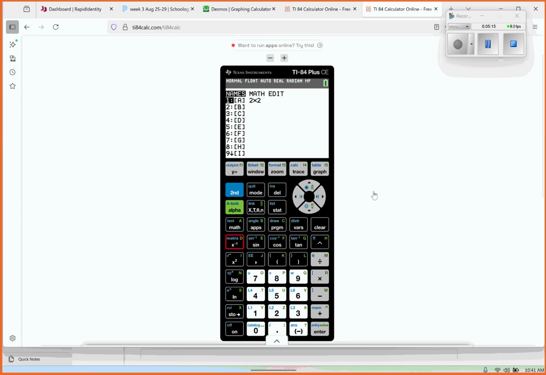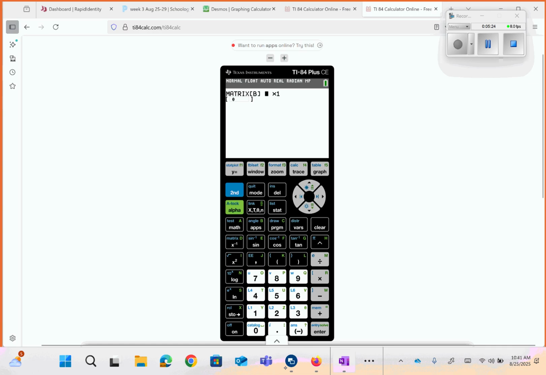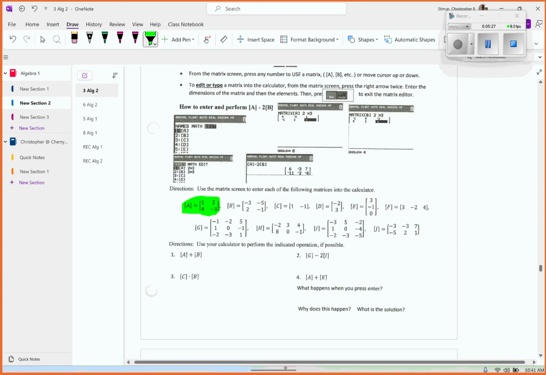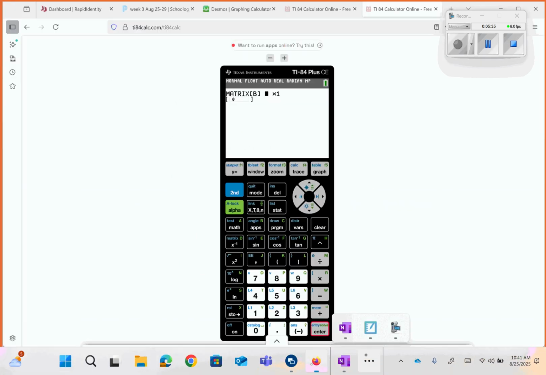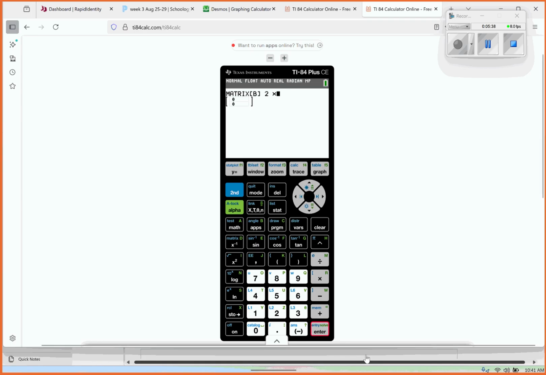Okay. So now I want to go to matrix B, and I'm going to edit matrix B. So I have to go back to my OneNote. Matrix B is also a 2 by 2. Do you agree with that? So I'm going to plug that in so you guys have better access than I do. So matrix B is a 2 by 2. Somebody read me across what matrix B says. Oh, right. So there, top right is -3. -5 is where?